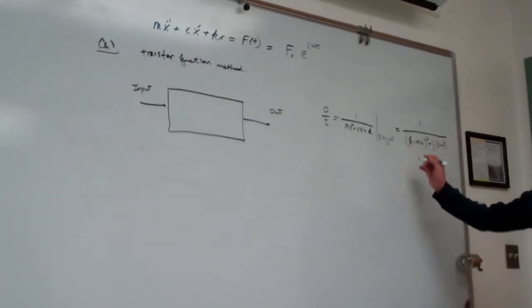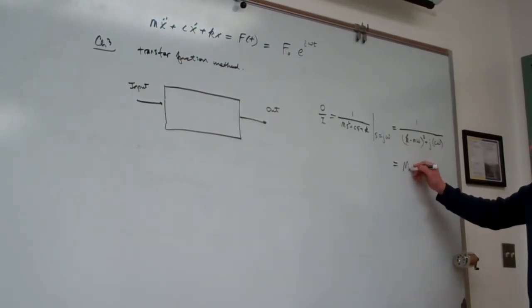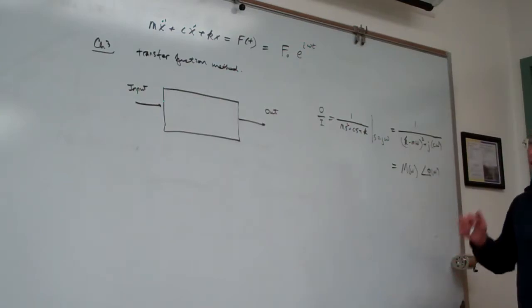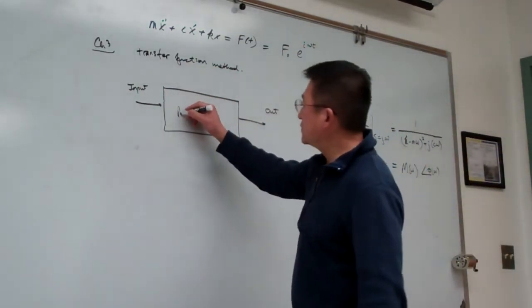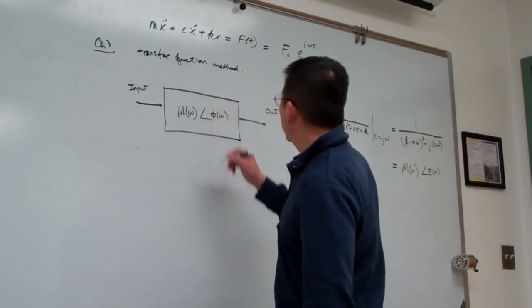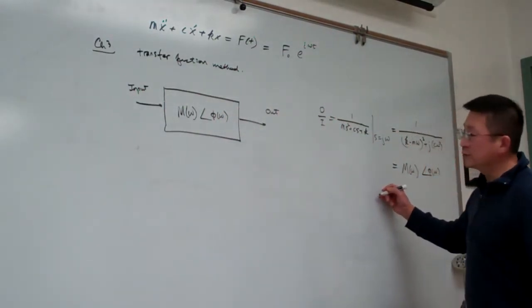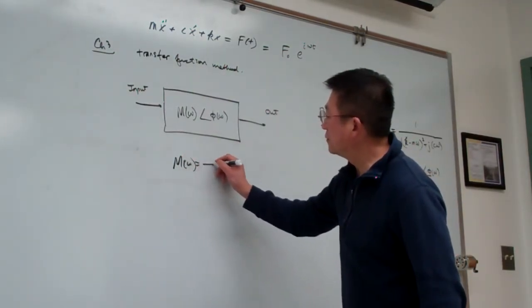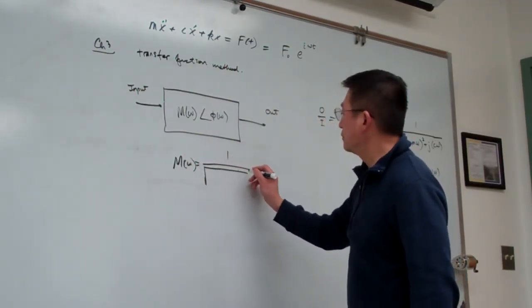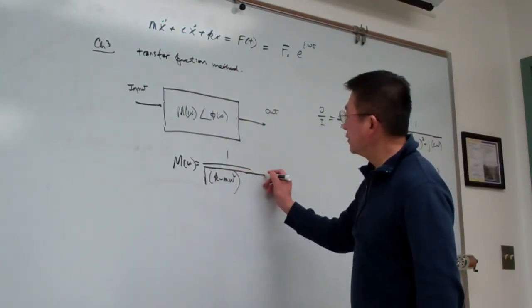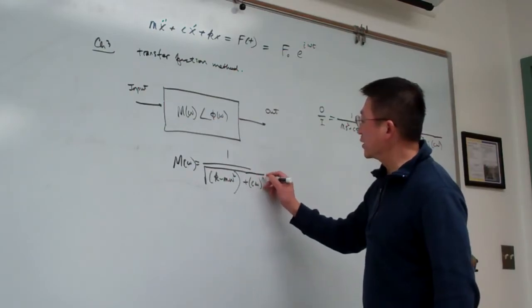If we express this in terms of magnitude and phase angle, the magnitude will be equal to 1 over the square root of (k minus m omega squared) squared plus (c omega) squared.